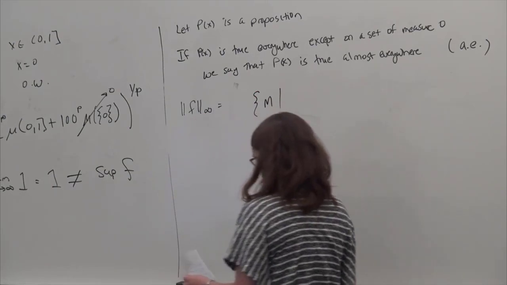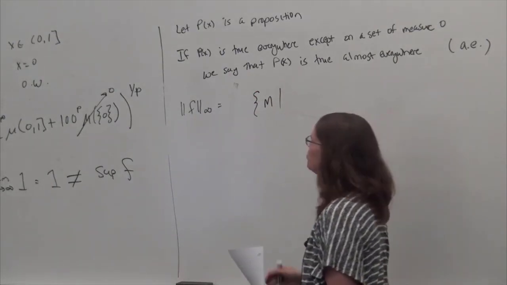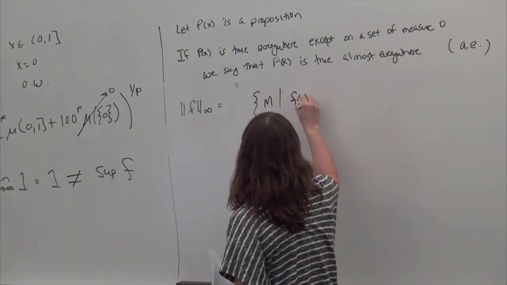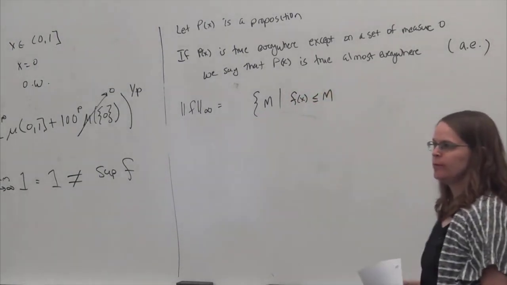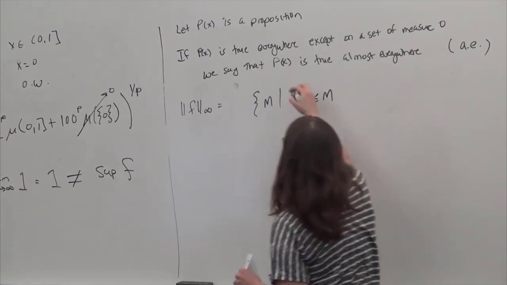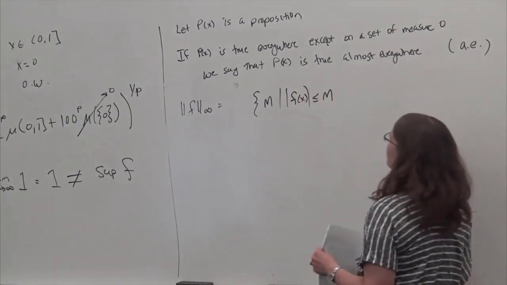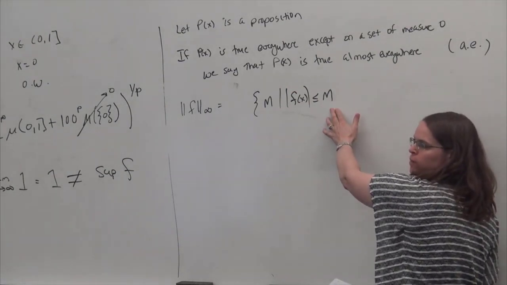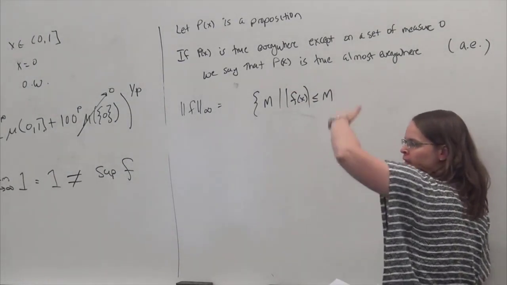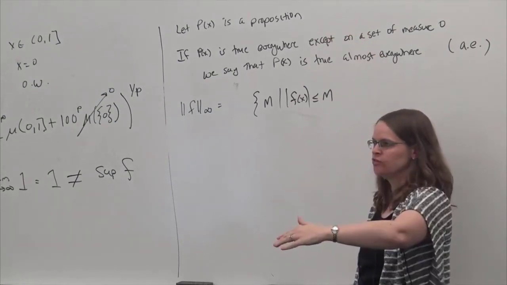We're going to look at all f that are upper bounds. Now, normally, if we think about the supremum, let me take the absolute value. The supremum, we would take all possible numbers that are always bigger than or equal to f, and then we would say those are all overshoots, so we take the infimum of them.